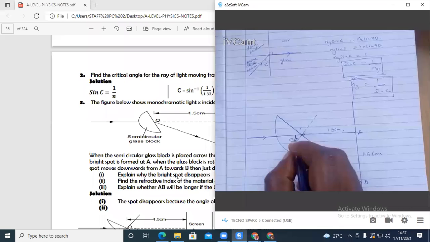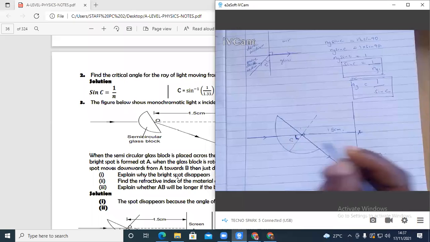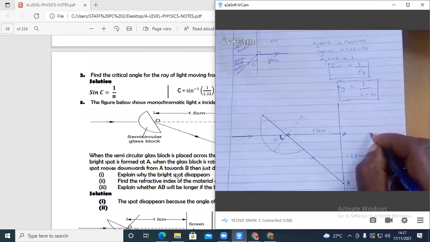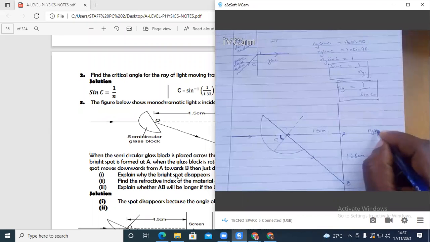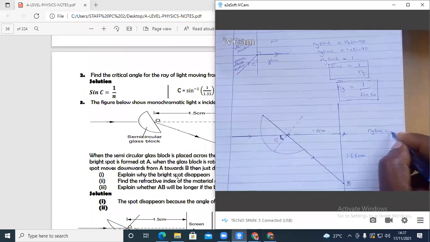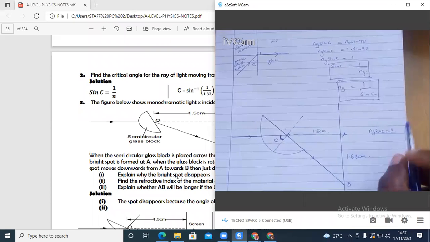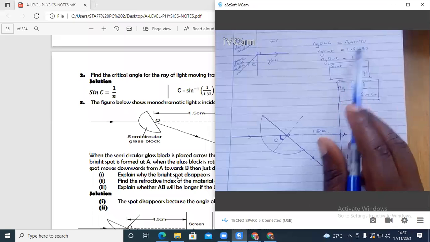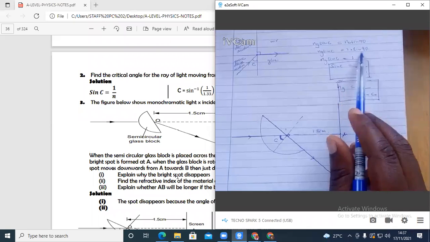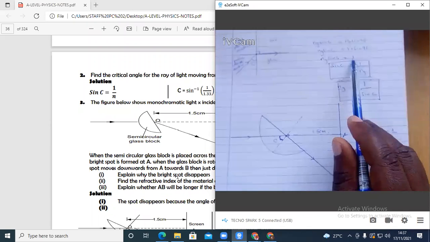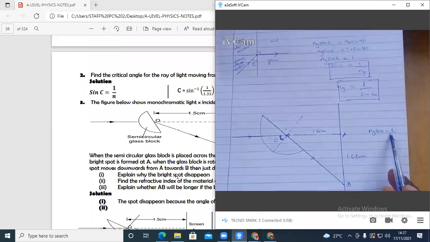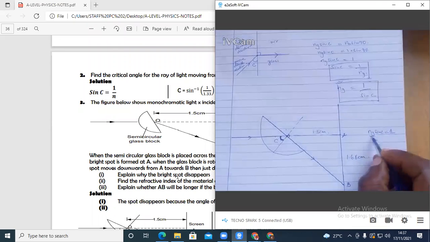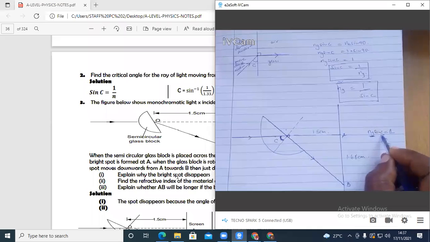We need to first calculate the critical angle so that we can use the formula n glass sine C equals n air sine 90, but n air sine 90 is 1. So n glass sine C is equal to 1. For us to find the refractive index of the glass, we must get the critical angle.